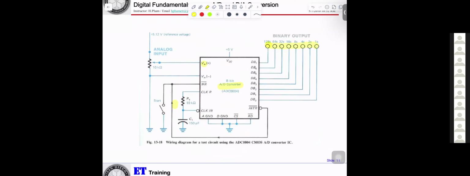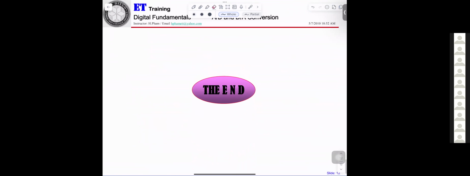However, what I'm saying is, we're working with the computer. So you can get the input analog coming in, and what comes out will be binary, and the computer will take care of that. That's it. Any question? Anything?